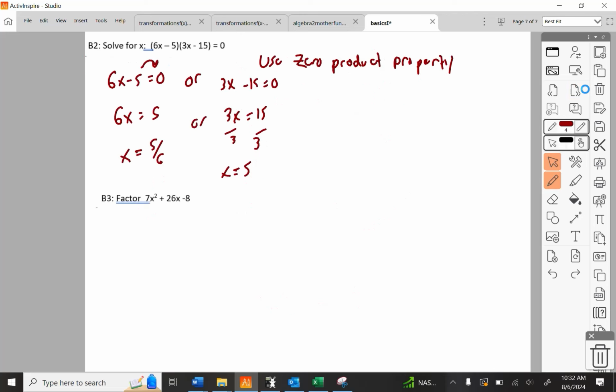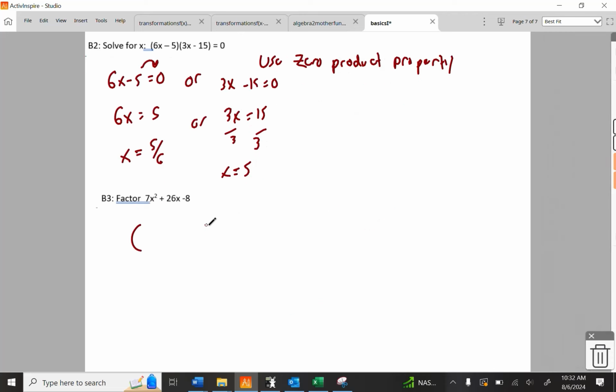And if you have a trinomial, which means you have 3 pieces, the first thing you do is you just write down a double set of parentheses. Now, whatever goes here creates 7x squared. The only way to do that is to use a 7x and an x, because 7x times x is 7x squared. Whatever goes here and here creates negative 8.